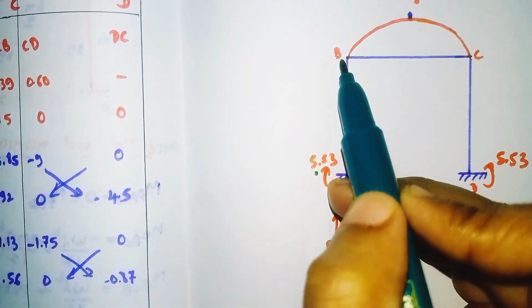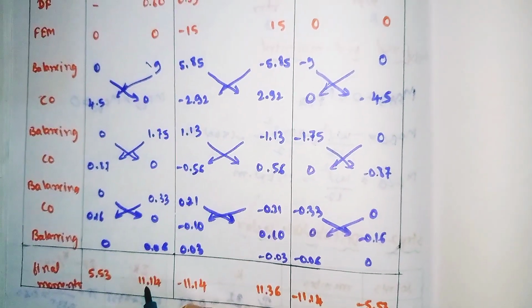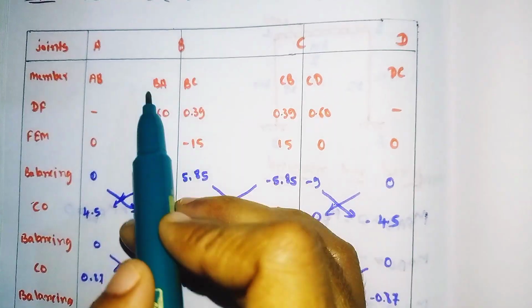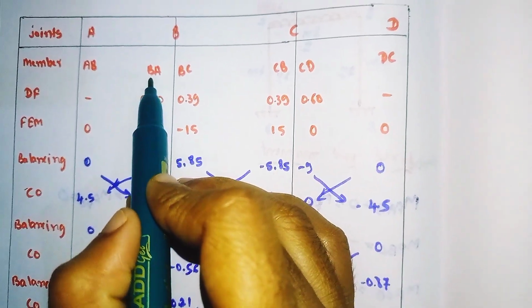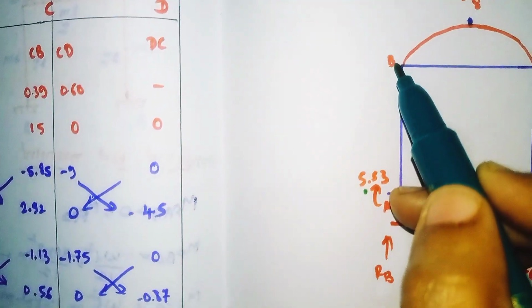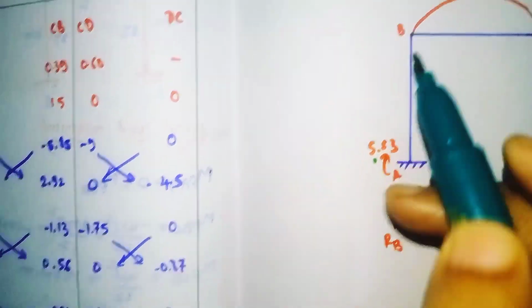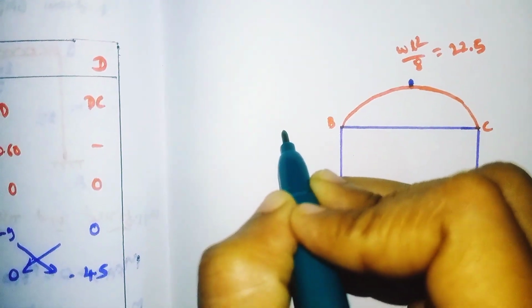So 5.53 means it comes here, positive. And at point B, our final moment is 11.14. We need to see here B. So at point B our value is 11.14, which means it comes here.